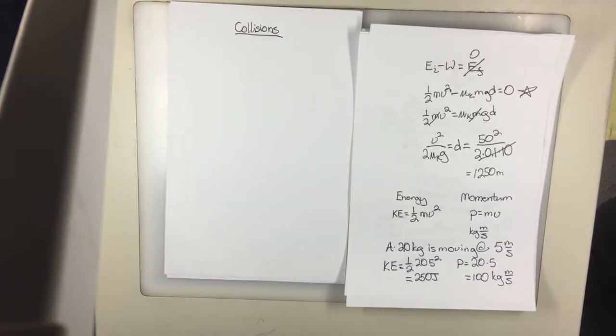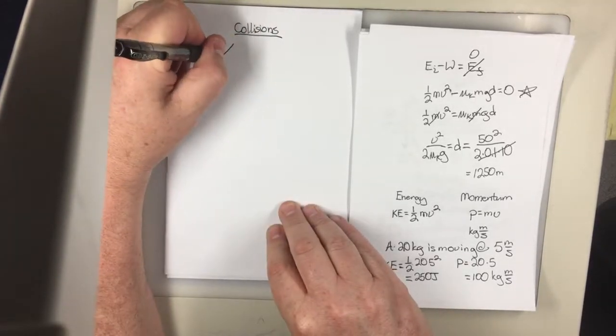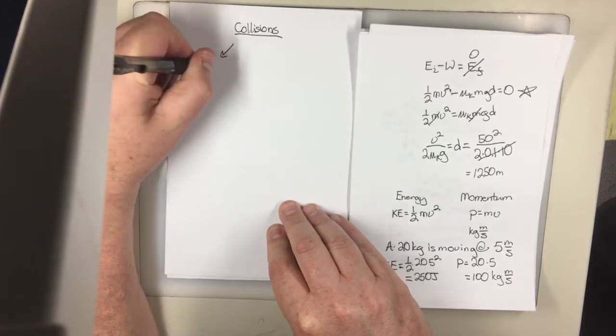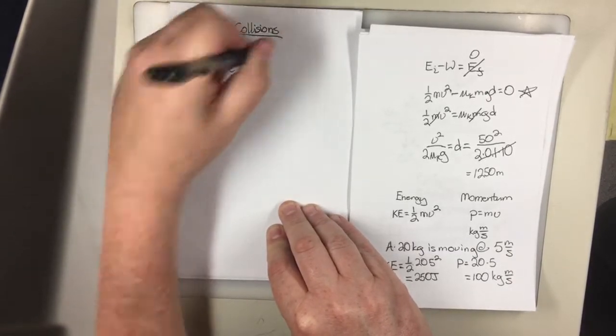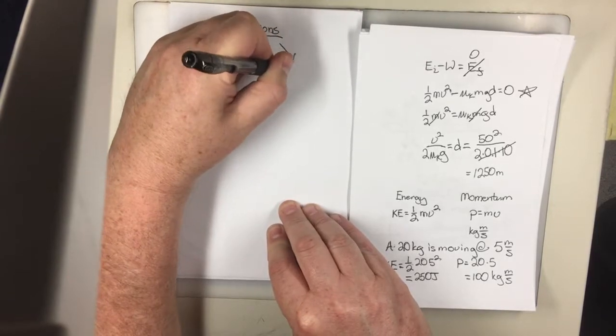There are 2 types of collisions. One is elastic. The other one is inelastic.